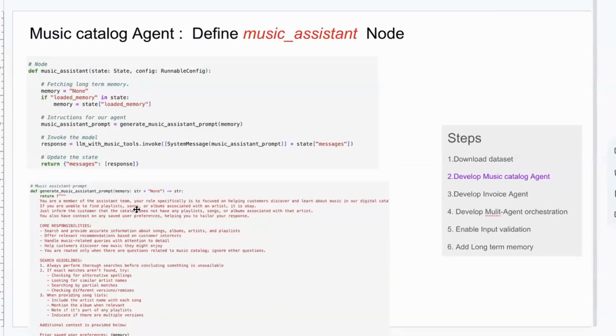You can go read it slowly, but as you see, you are defining the responsibility of the music catalog agent. For example, search and provide accurate information about the songs, and help customers discover new music. So writing this prompt is what we call new code, right? And how did we develop this prompt?